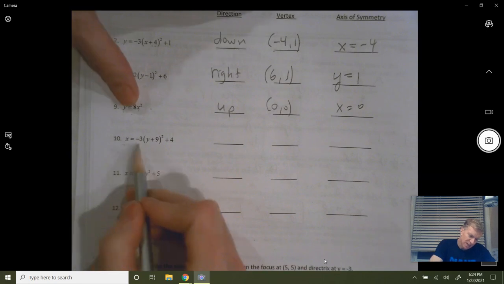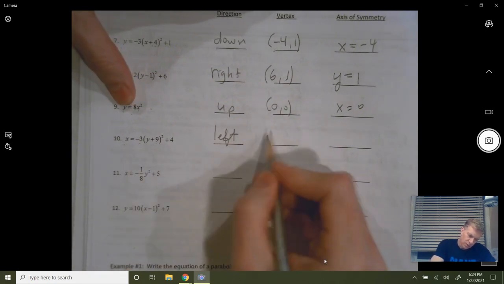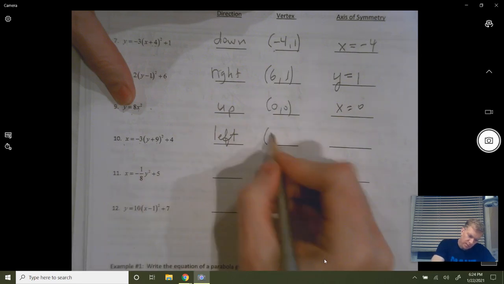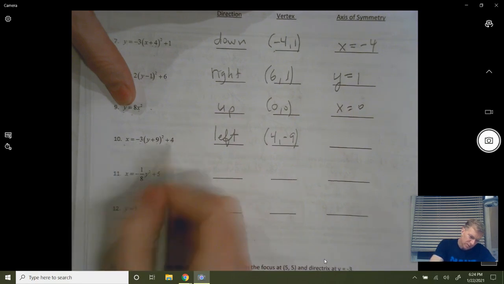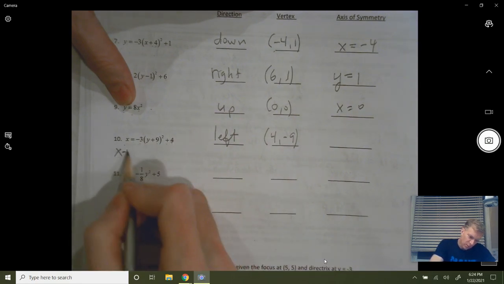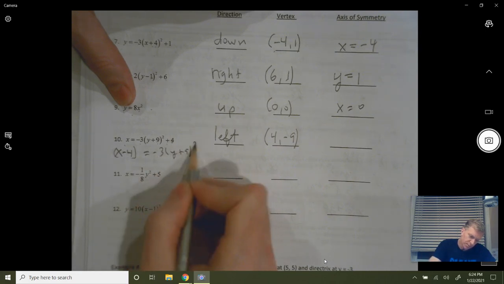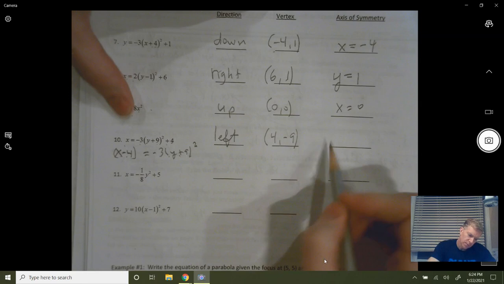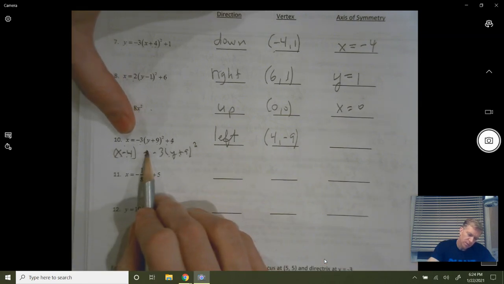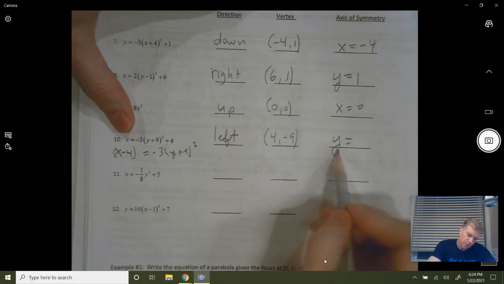Next one, x equals negative y squared, so that's going to open left. Your vertex is 4 comma negative 9. Sometimes it's nice to put that x with the 4, so you see x minus 4 equals negative 3 y plus 9 squared. So you know 4 and negative 9. So it's x minus h and y minus k. This opens right, left, so our axis of symmetry is horizontal, passing right through your vertex.